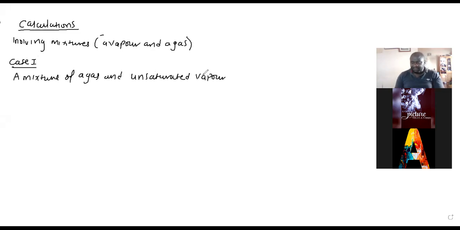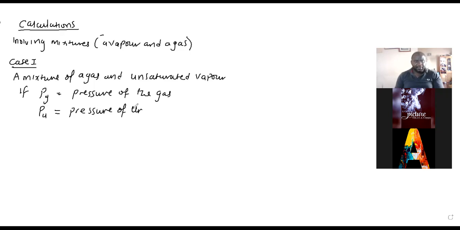For this first case, if the pressure of the gas is Pg, and Pu is the pressure of the unsaturated vapor, then P can be the total pressure.